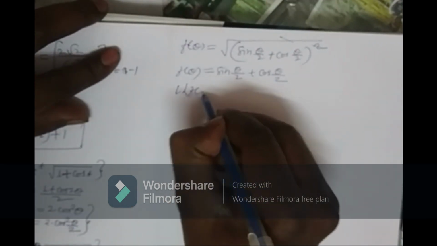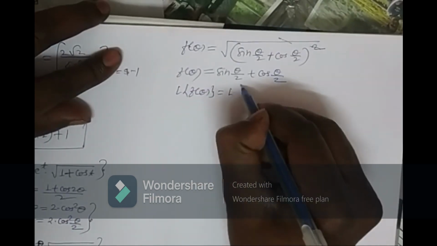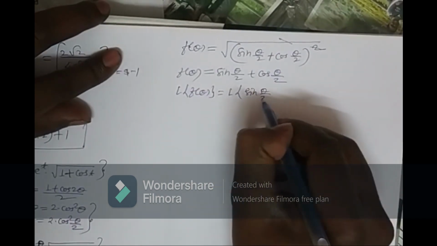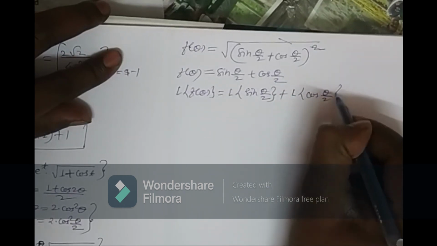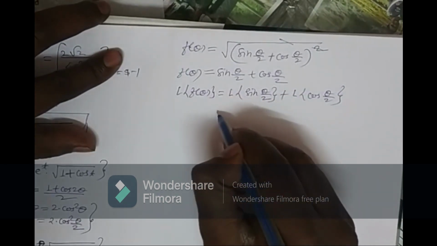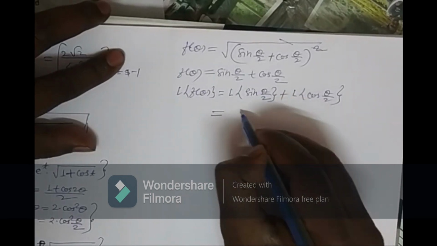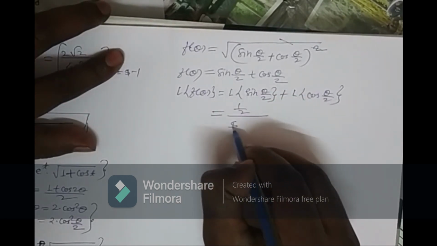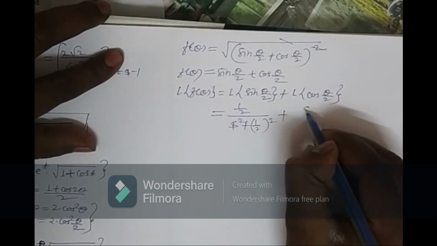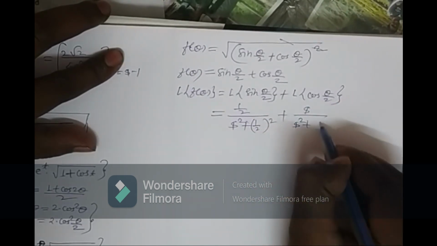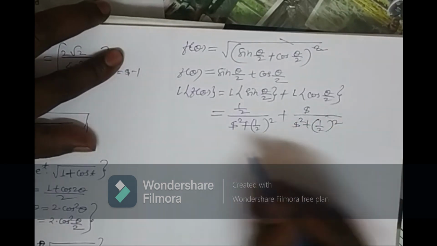Now the Laplace transform of f of theta is equal to the Laplace transform of sin theta by 2 plus the Laplace transform of cos theta by 2. And this can be written as, what is the Laplace transform of sin theta by 2? 1 by 2 divided by s square plus 1 by 2 whole square, plus s upon s square plus 1 by 2 whole square.